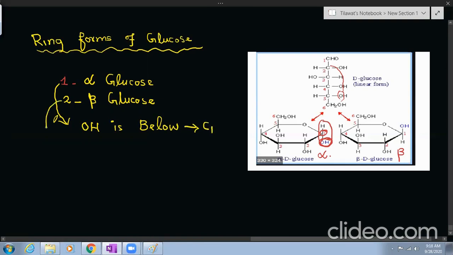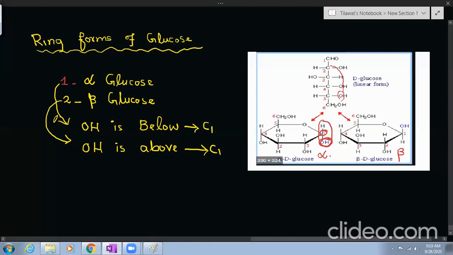While in beta glucose, the hydroxyl group will be above. Am I clear? So this is about the two ring forms of glucose.